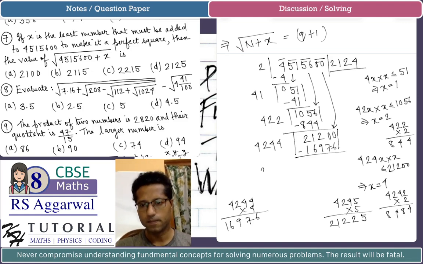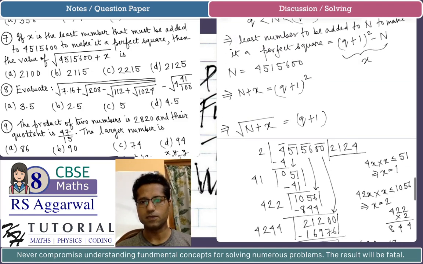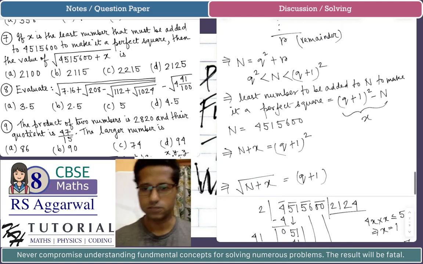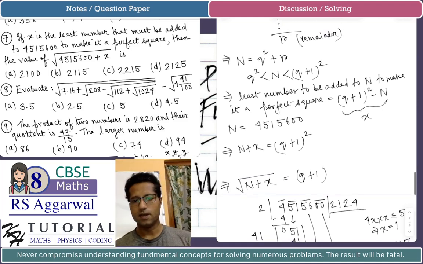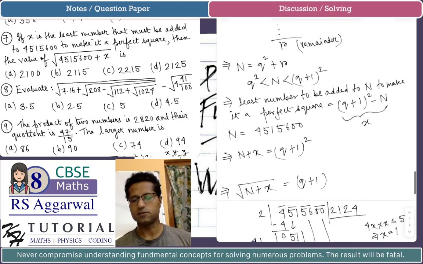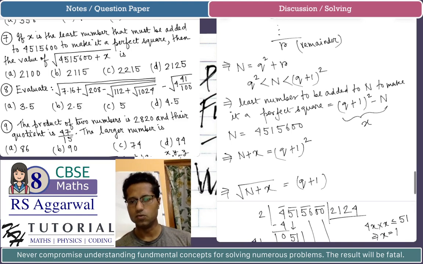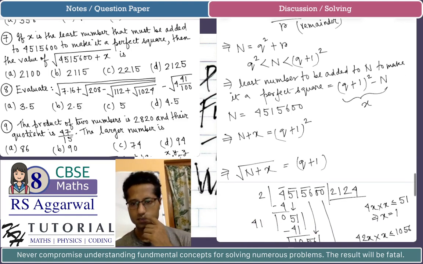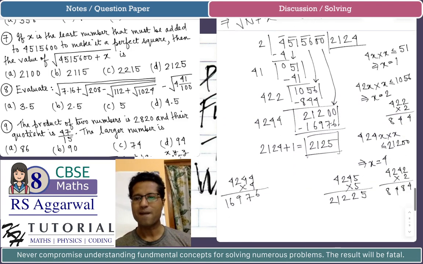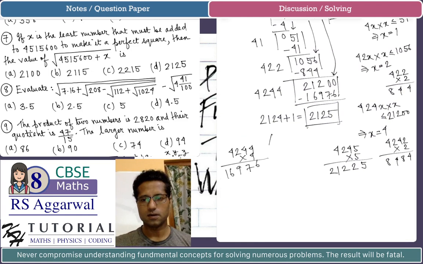So the answer has to be 2124 plus 1, that is 2125, because we have already discussed that square root of n plus x has to be q plus 1, where if the given number is n, and x is the least number to be added to n to make it a perfect square, where in the long division method of finding the square root of n, the quotient is q, we will always have square root of n plus x equal to q plus 1. Okay, so the correct choice is D.